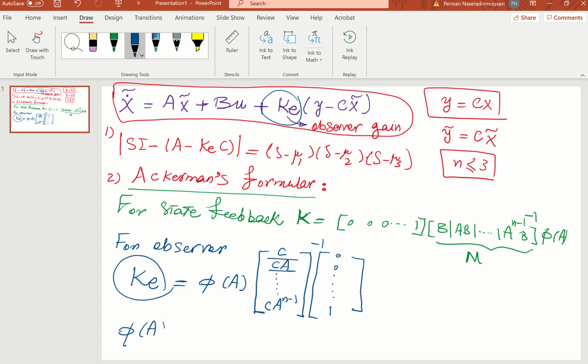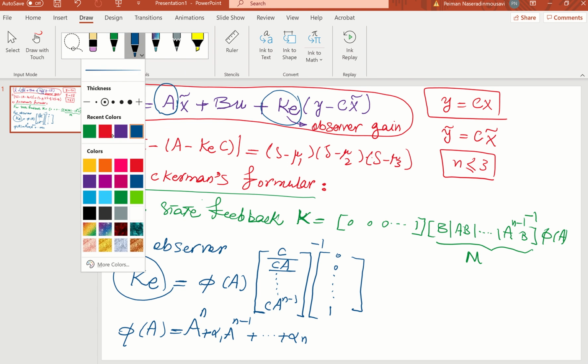Phi of A, as we had for the state feedback, is the matrix polynomial A^n plus alpha1 A^(n-1) up to plus alpha n I. And how do we define alpha n, if you remember? Exactly the same process.